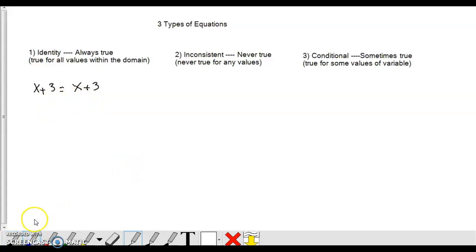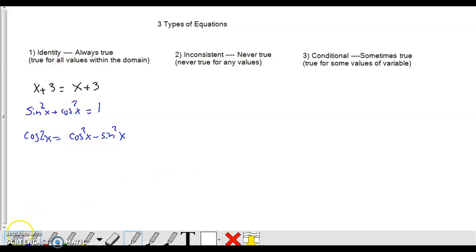In terms of trig, we're going to see something like sine squared of x plus cosine squared of x is equal to 1. x will be able to be anything, or maybe it's a double angle: cosine of 2x is equal to cosine squared of x minus sine squared of x. Again, x will be anything as long as it's in the correct domain.